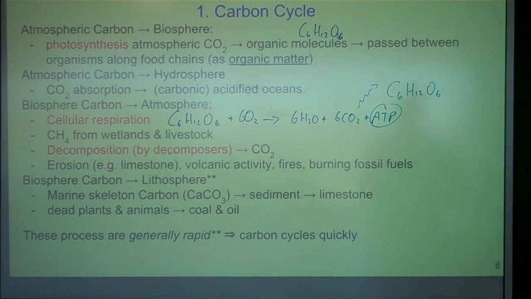What would be the main way that carbon goes from the hydrosphere to the atmosphere? How does it go from the ocean? I'm wondering the same thing now that you ask it. How do we get carbonic acid out of the oceans? I know there's a limit.